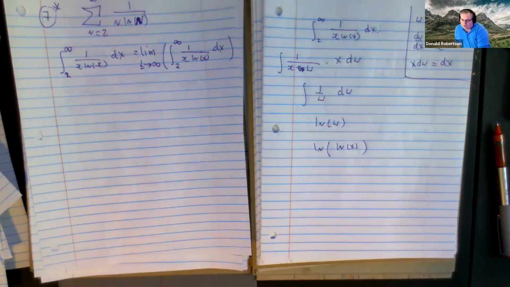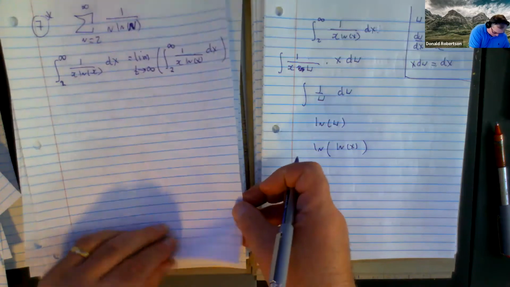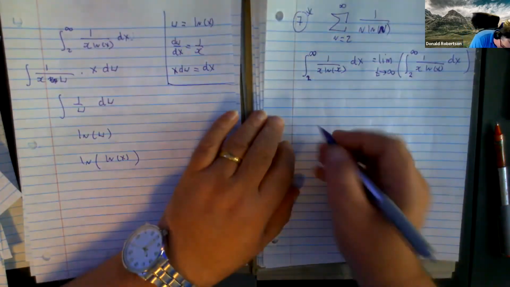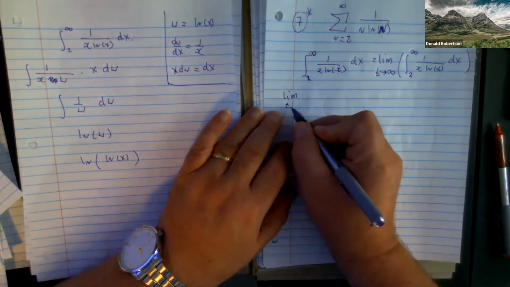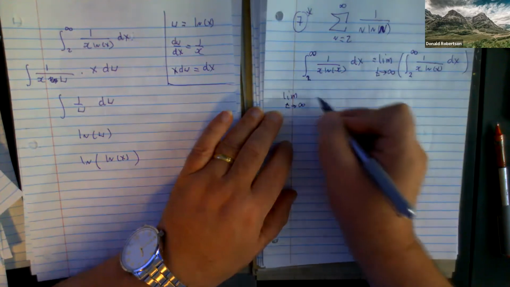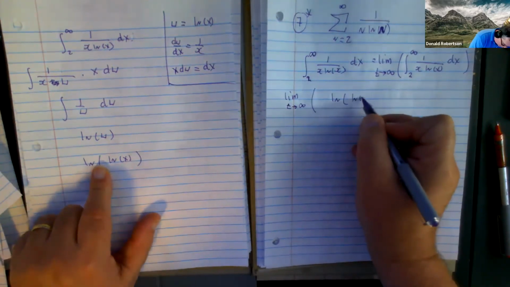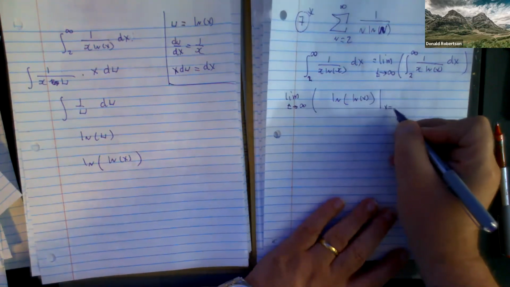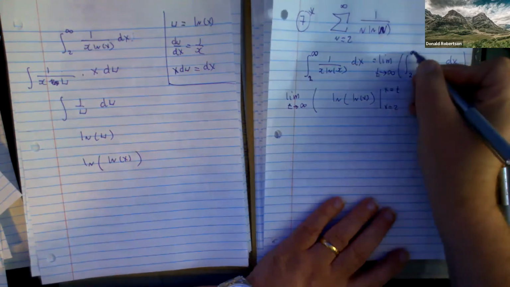It's a natural log of the natural log of x. Well, you can live with that. You know, just trust the math and see where it leads. So it's going to be the limit as t tends to infinity of the natural log of the natural log of x evaluated at x equals 2 to x equals t, and I should have put t there.